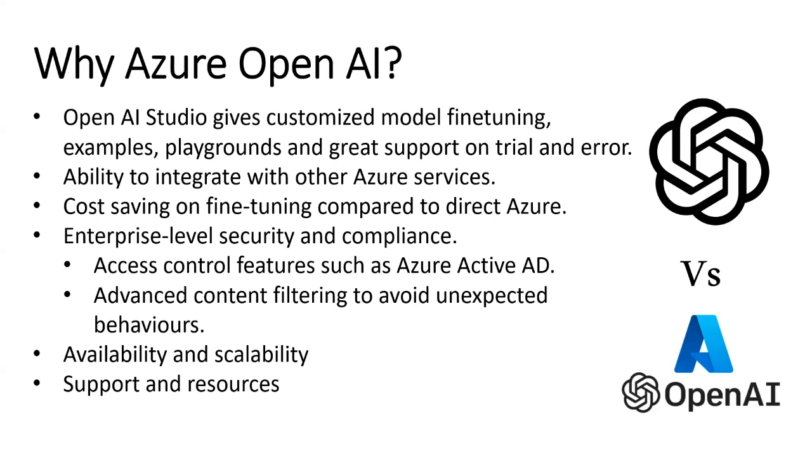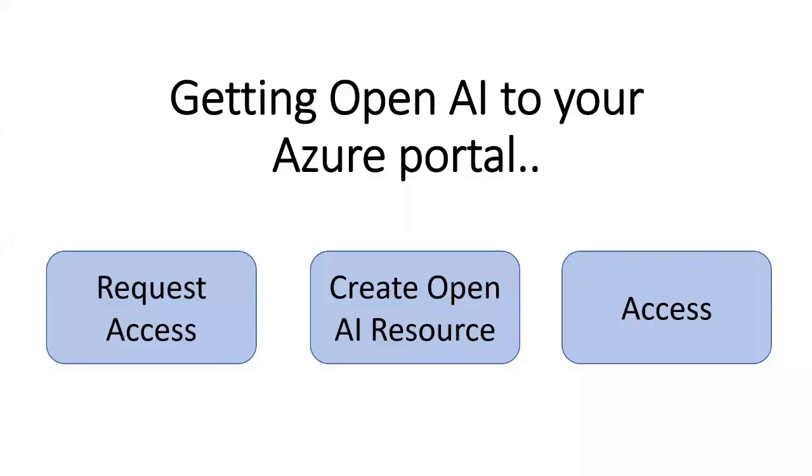So personally, I believe that when we are building large language model based applications for enterprises, Azure OpenAI is ideal for such occasions. All right, next let's discuss how we can get OpenAI to your Azure portal. So there are three simple steps. The first, we need to request access because OpenAI is not readily available in your Azure portal.